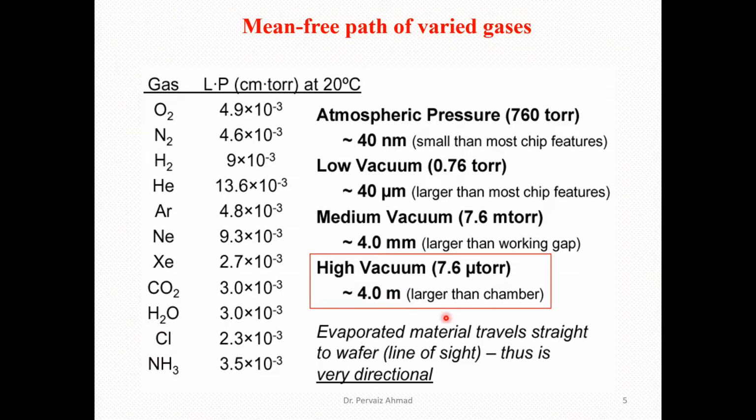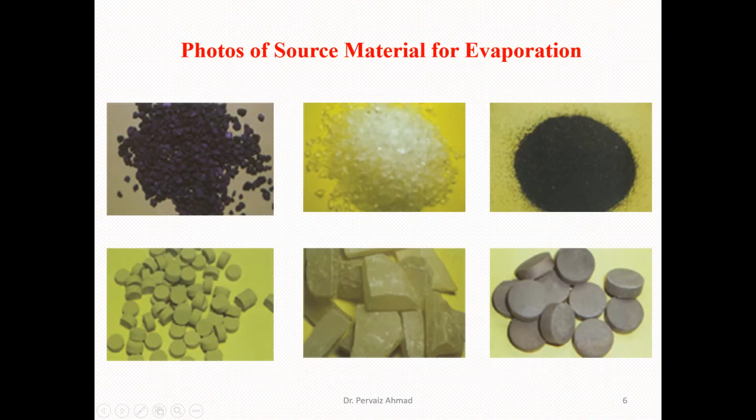So what it means is that evaporated materials travel straight from the vapor source in a straight line, and thus it is very directional. So the evaporation process is a very directional process. Here we have photographs of different materials that can be utilized for evaporation.